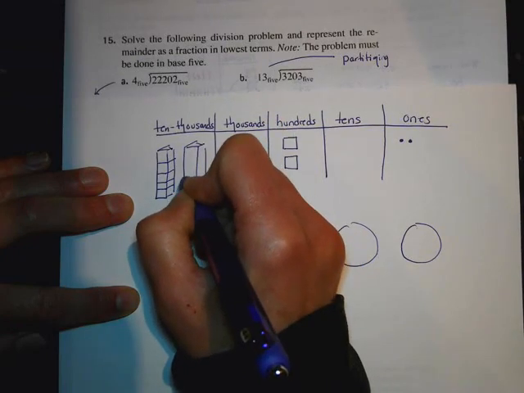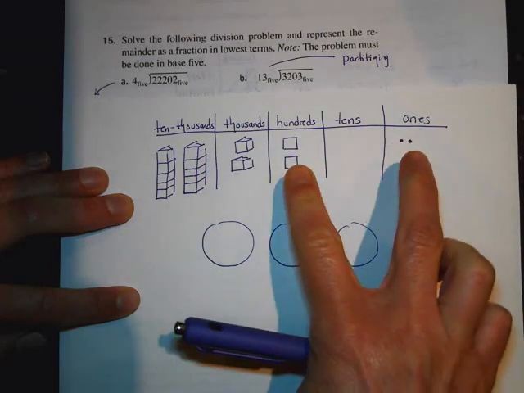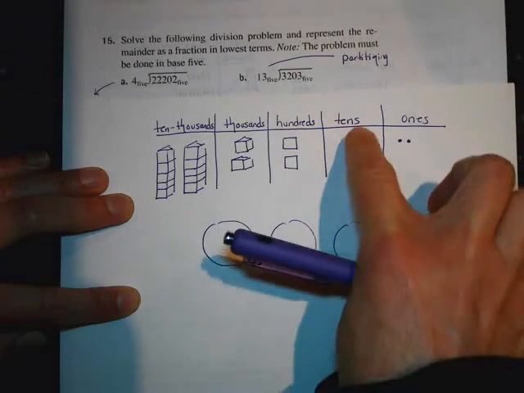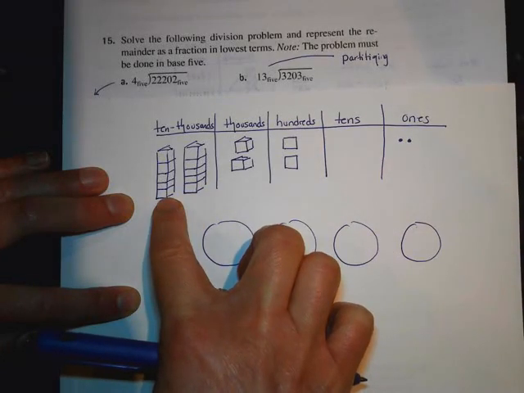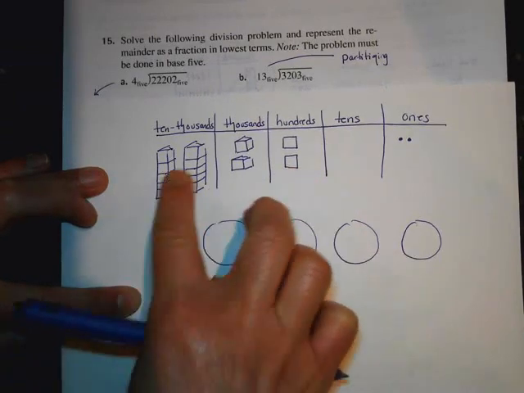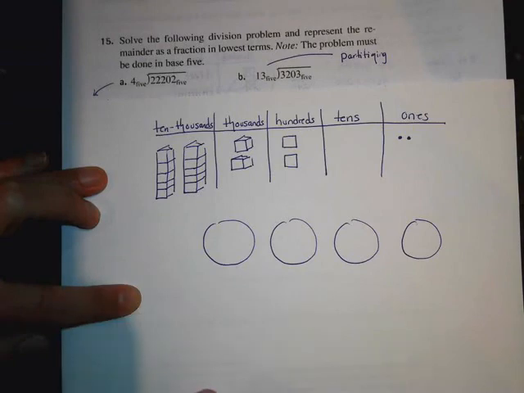But the pictures recycle, so the ones and the thousands look alike, and the tens and the 10,000s look alike. And if we put these together, it's going to look like a flat, but a flat made up of these cubic longs is called a wall. And then it just keeps going from there. I just wanted to show it to you.